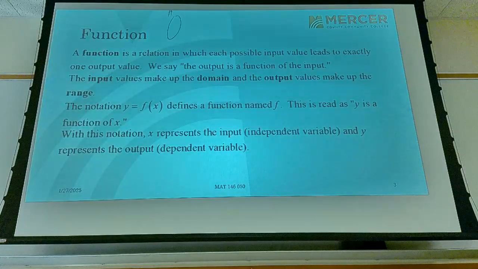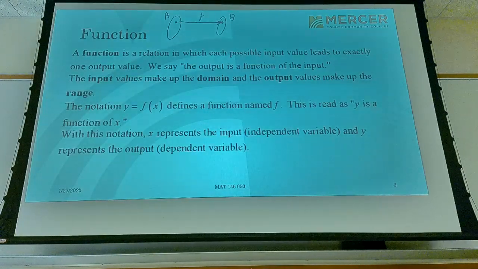Now you have two sets, A and B. What f does is it'll take each element of A and map it to an element in B. But what it can't do is go to two of them.